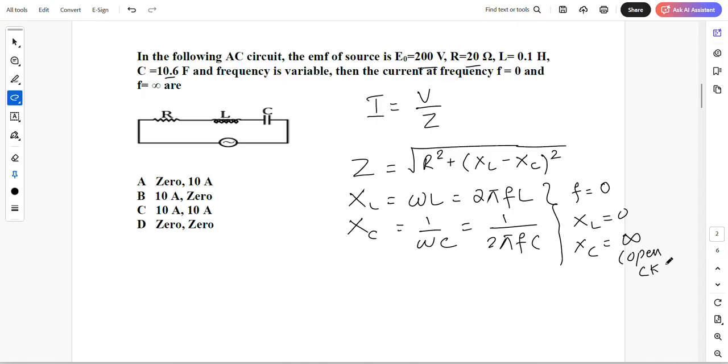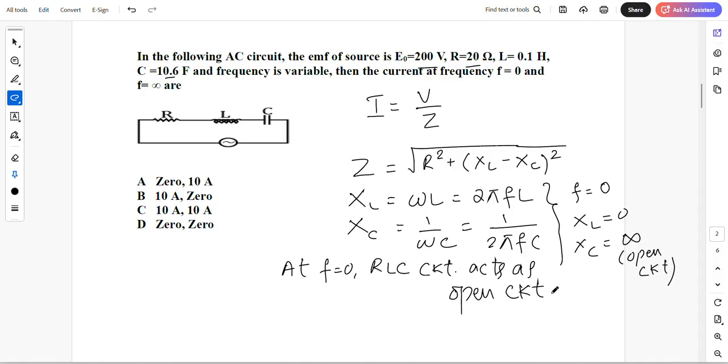Now here R is in the circuit. At F equal to 0, the RLC circuit acts as an open circuit.